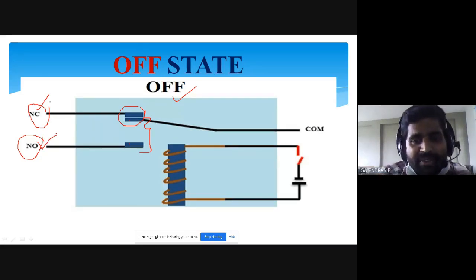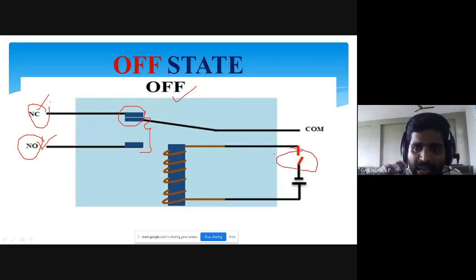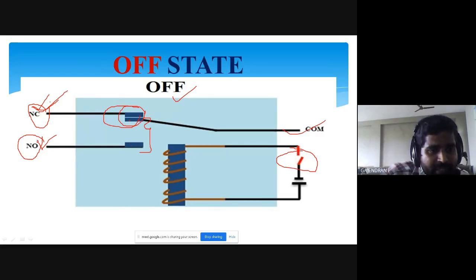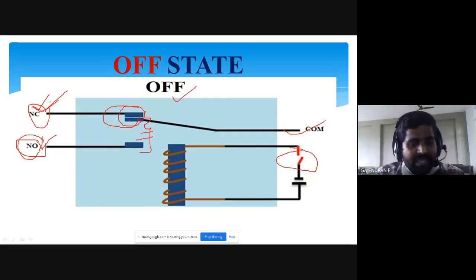I hope you are clear with this. Whenever my relay is in de-energized condition, that is in off state, this NC and common will be in contact. Therefore, it is called normally closed. At the same time, this NO and common is in open state. Therefore, it is called normally open.